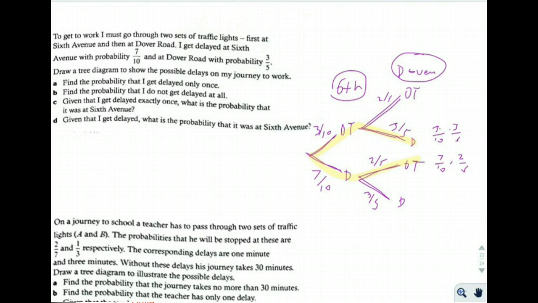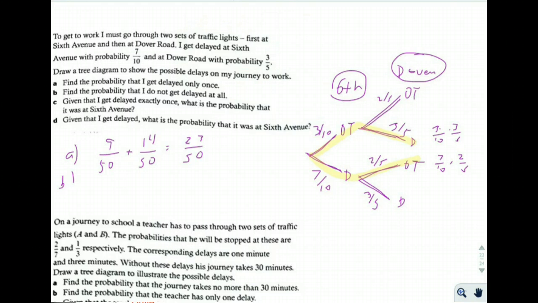So that would be 9 over 50 plus 14 over 50. So that would be 23 over 50. Okay, that's A.